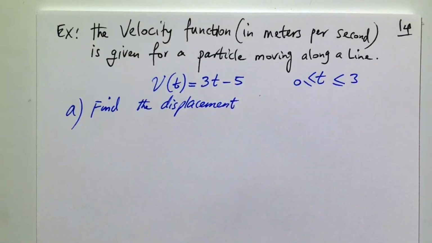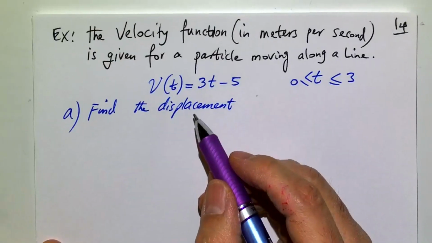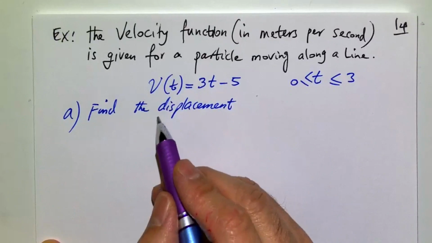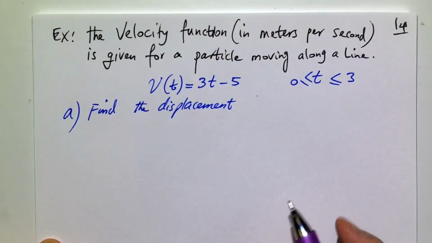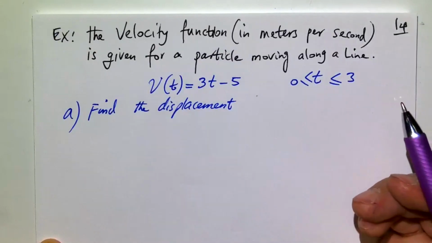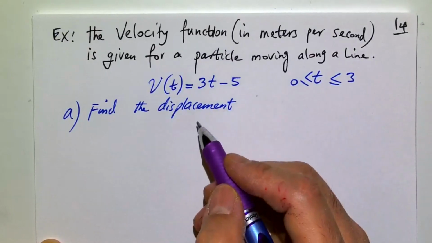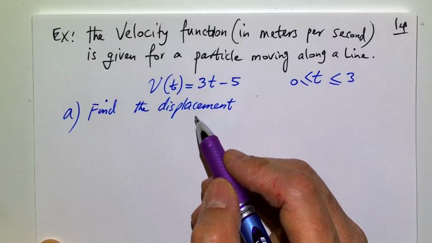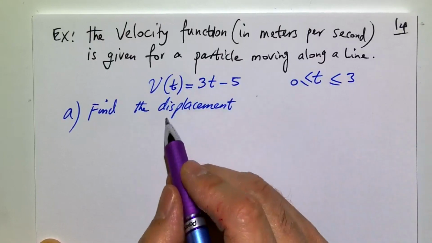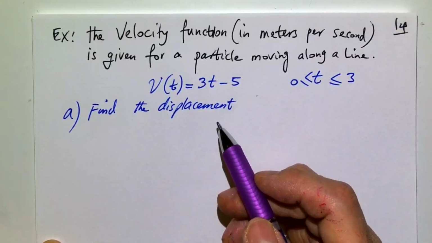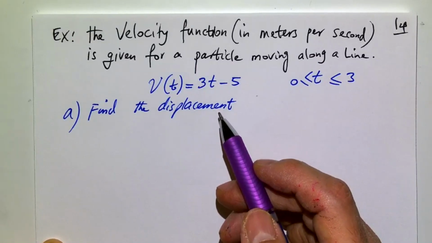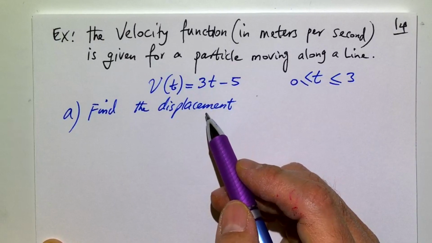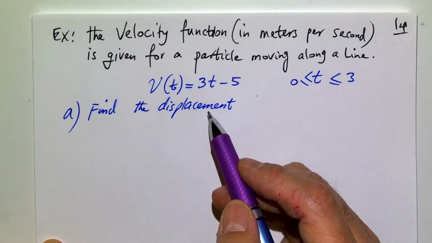And one thing I just want to make a note of is that part B says find the distance over this time interval. So displacement is a vector, which you've seen a little bit of in trigonometry, but you'll see it in a lot more detail in calculus 3.